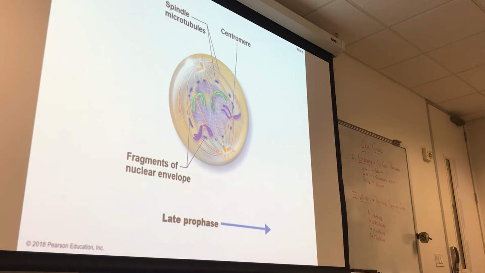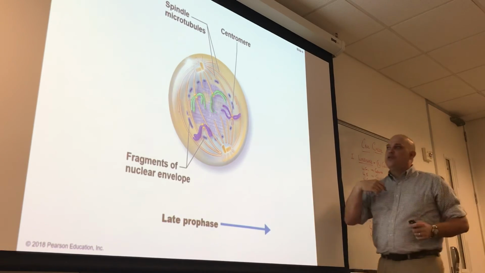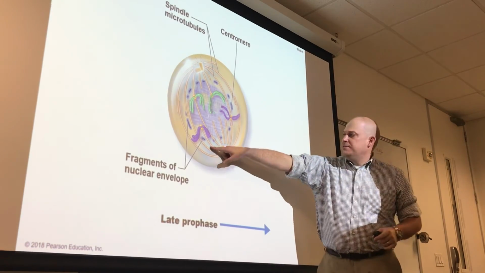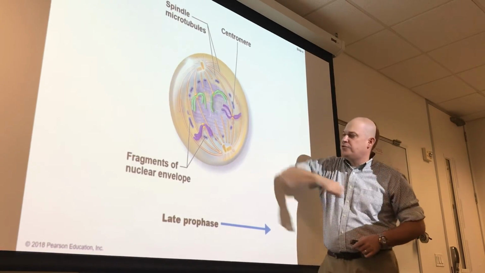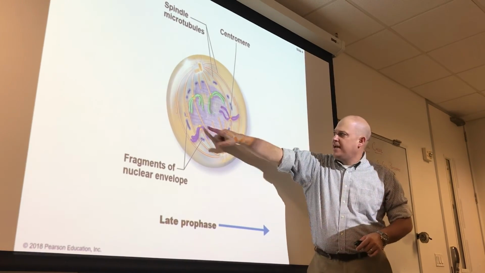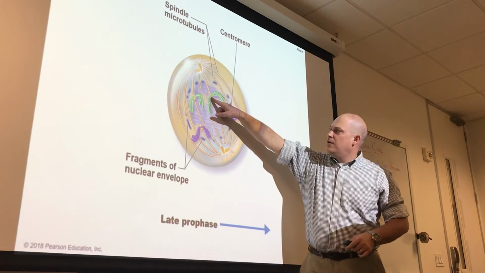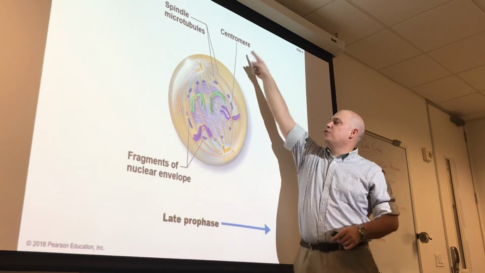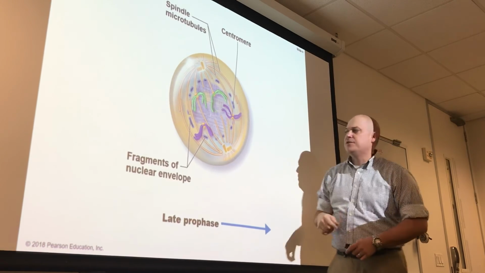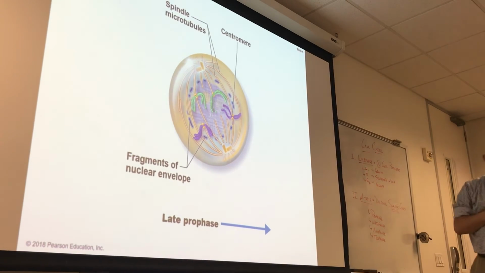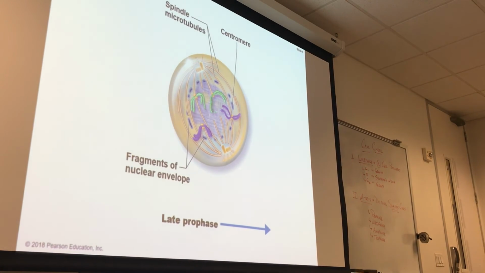So the envelope has to go away. And as that nuclear envelope goes away, these mitotic spindle fibers that are ultimately being produced by the centrioles will actually connect to the center of our chromosomes, known as the centromeres, represented here by these little gold structures in the center of our chromosomes.